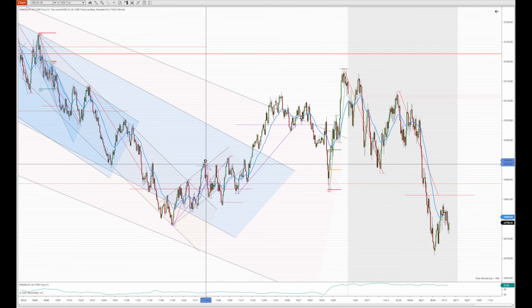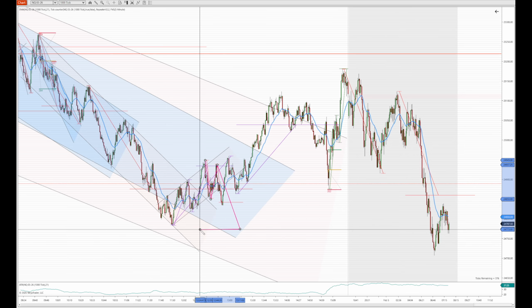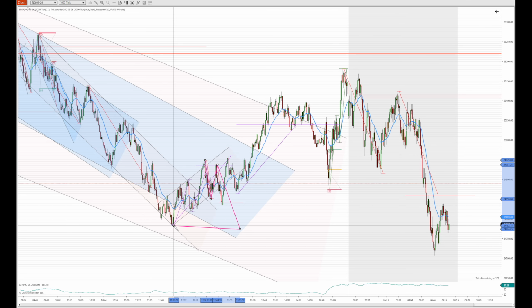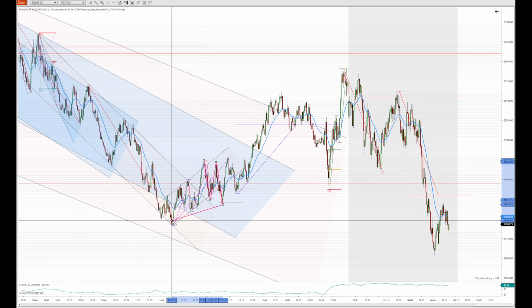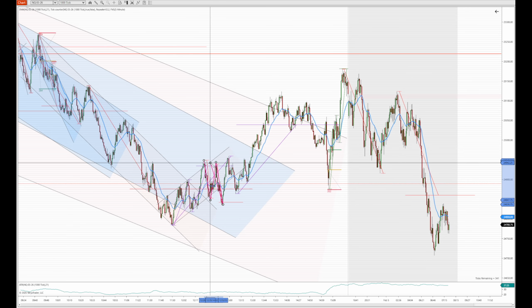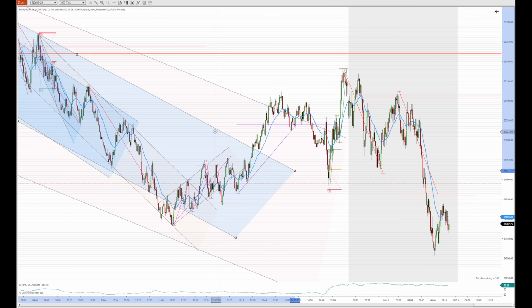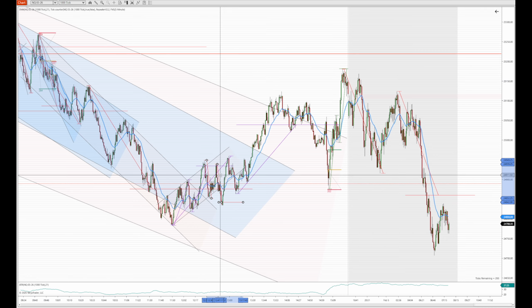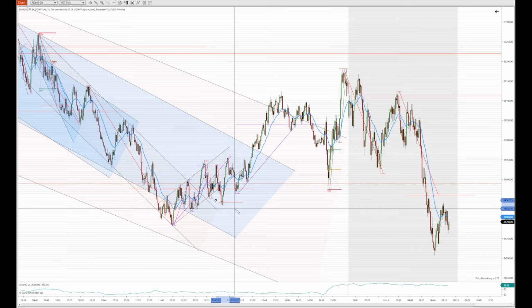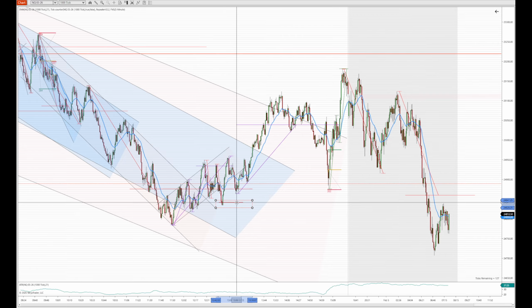Either you would get two legs to a new low, successfully achieving a new low, or as happens here, you would just get a break to form a larger break for this blue downtrend. So a way to look at that is to see how price reacts around the down measure move.